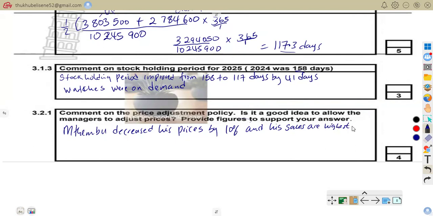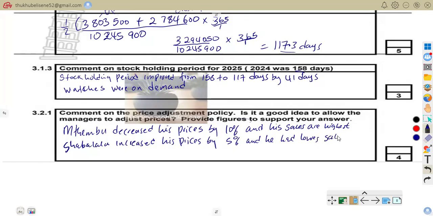Shabalala increased his prices by 5%. What happens to his sales? He had the lowest sales. So that is how it is.